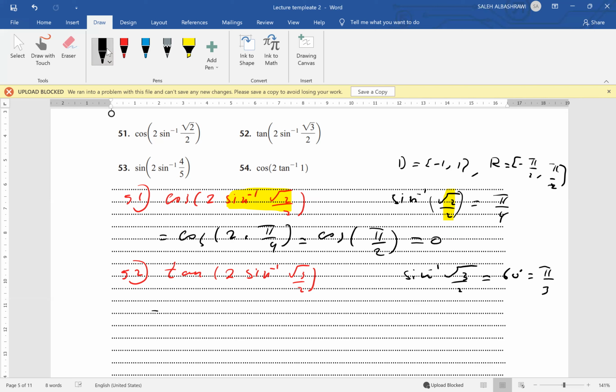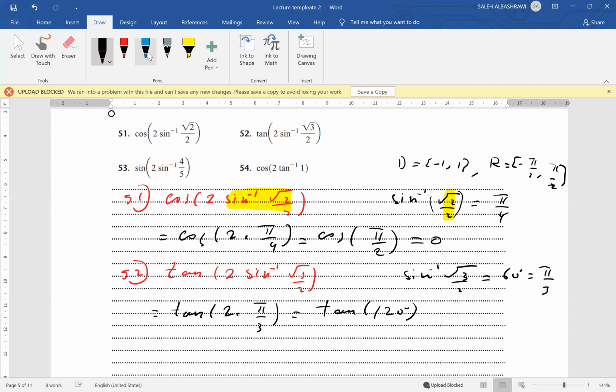So the tangent can now be written as tangent of 2 multiplied by 60, or pi over 3. This will be equal to tangent of 120 degrees, or 2 pi over 3.